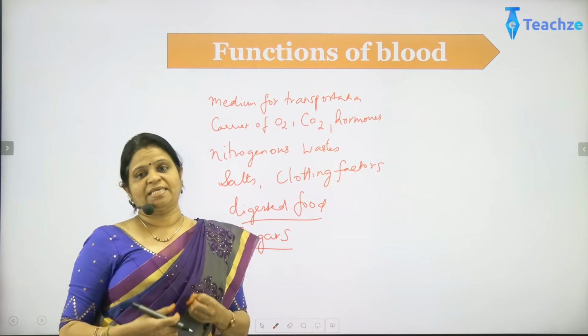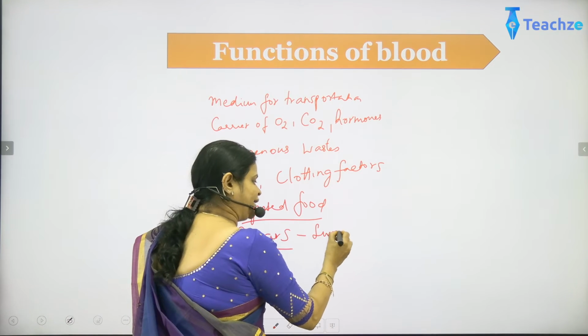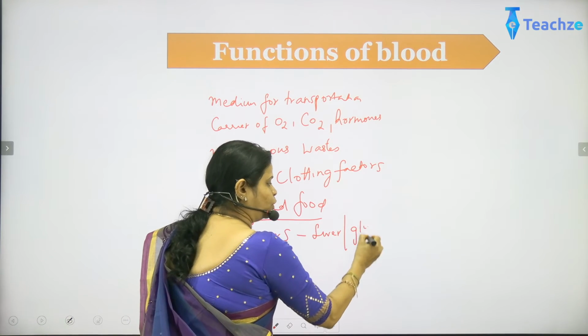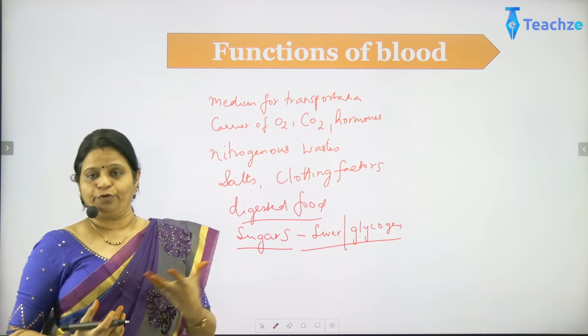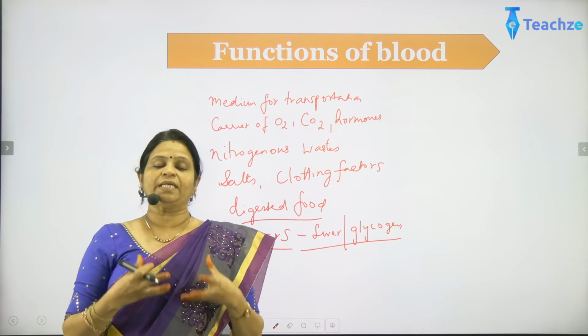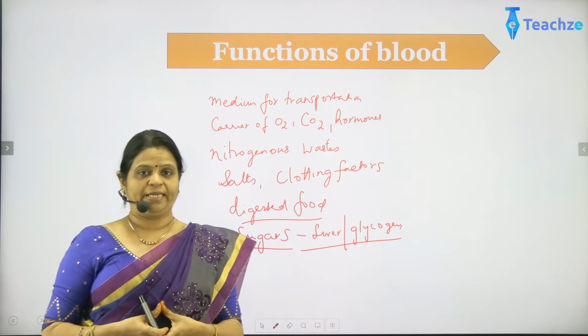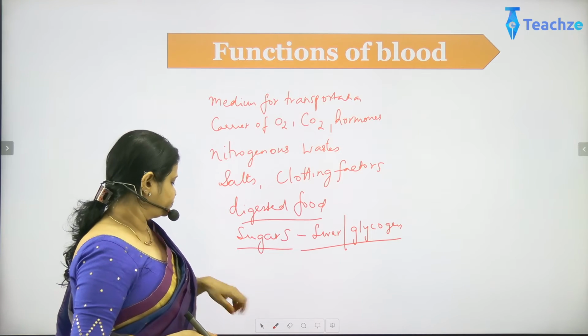So any excess sugars will be carried to the liver so that it can get stored in the form of glycogen. Now whenever our body needs more sugar, the glycogen can be broken down so that that particular sugar can be used for various activities. Now these are all the functions of the blood.